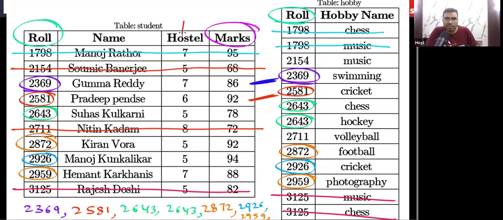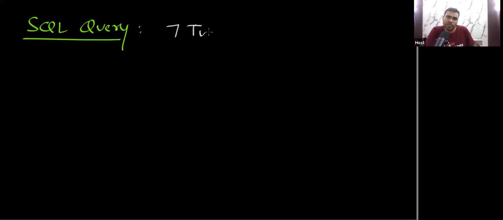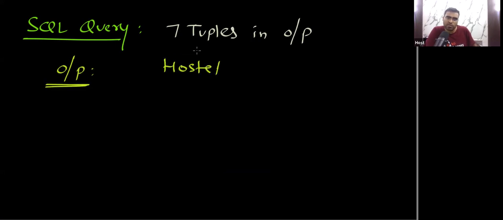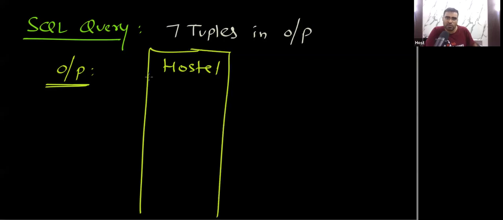Remember, ultimately we are projecting hostel, but there will be 7 tuples. I hope this point is clear. For the SQL query, there will be 7 tuples in the output. If you look at the actual output, it will have only hostel, since we are only projecting hostel.